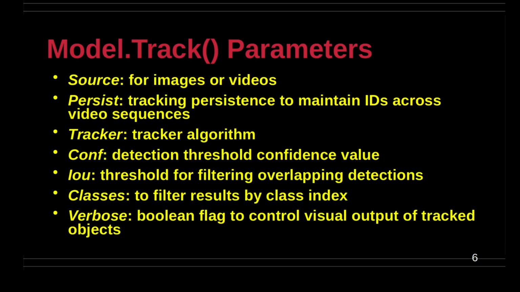Classes filters results by class index. For example, classes with 7 and 8 in the list only tracks trains and suitcases. Verbose controls the display of tracking results, providing a visual output of tracked objects.